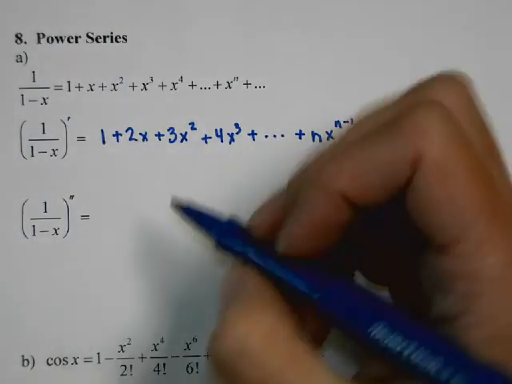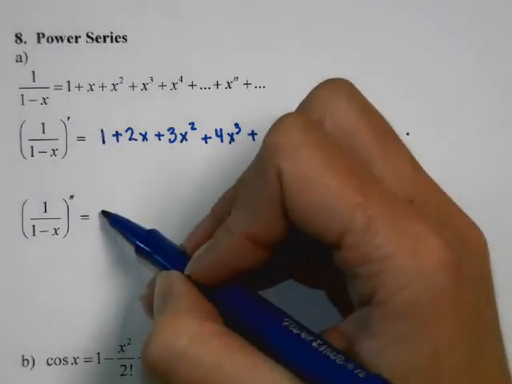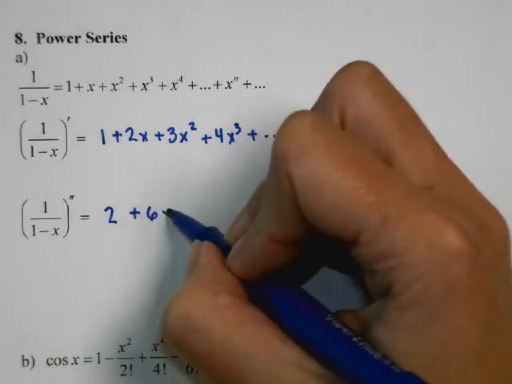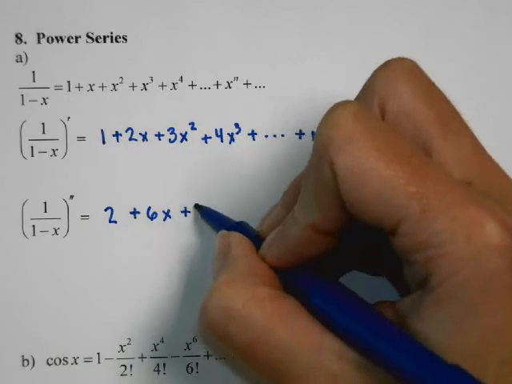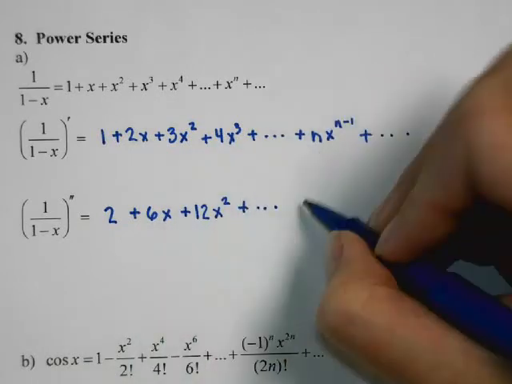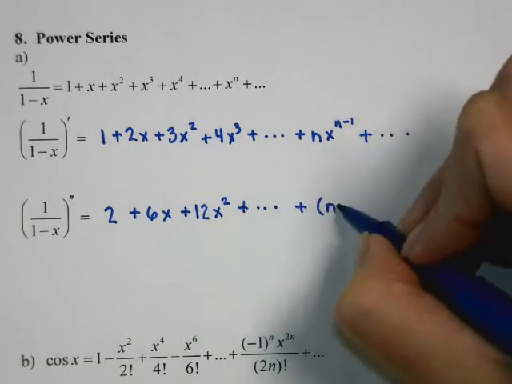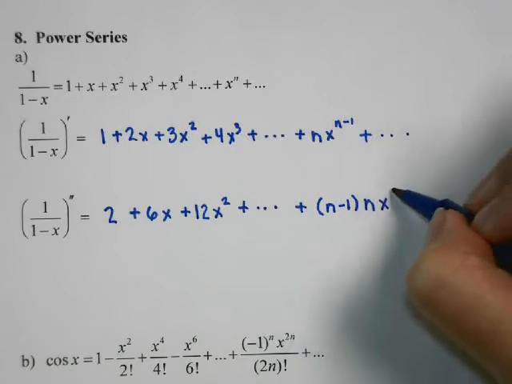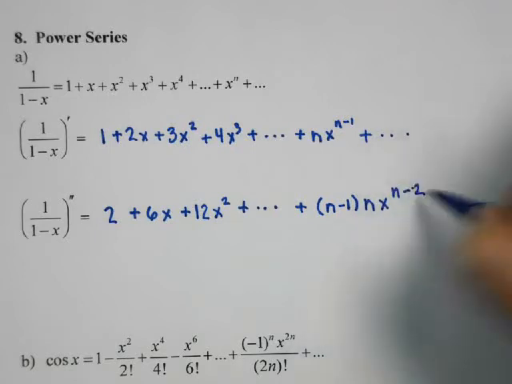The second derivative, the derivative of 1 is 0, 2 is 2, plus 6x, plus 12x squared, and so on. So this would be n minus 1 times nx to the n minus 2.